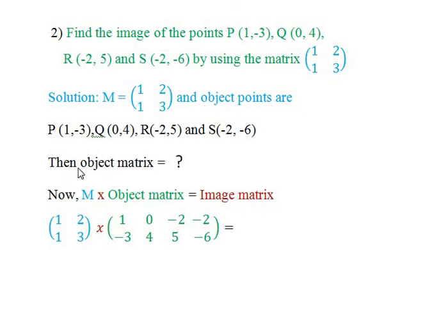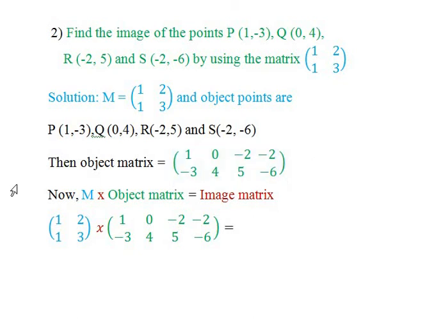Then obviously the object matrix is 1, minus 3 is the coordinate of P, 0, 4 coordinate of Q, minus 2, 5 coordinate of R, minus 2, minus 6 coordinate of S. This is the object matrix.